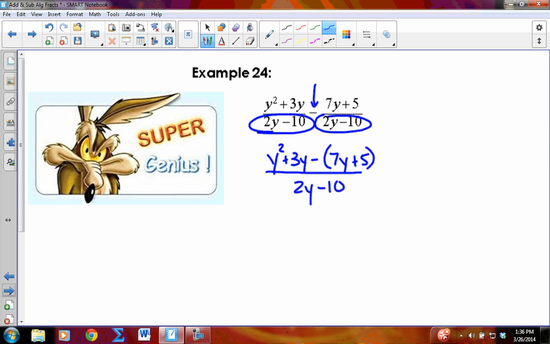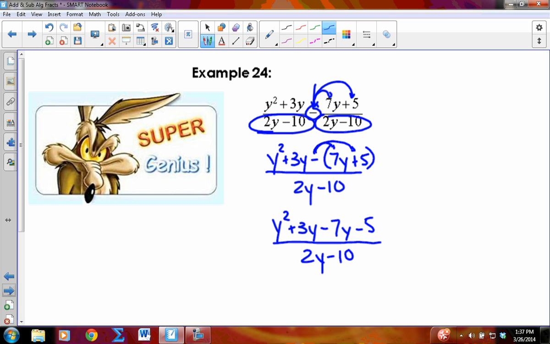The reason I'm going to do that is because an awful lot of students will do the y squared plus 3y, and they'll remember to do the minus 7y, but then they forget that this negative also goes to that 5. If I put the parentheses, almost everybody says, oh yeah, I've got to distribute. So this way we won't forget to distribute that negative.